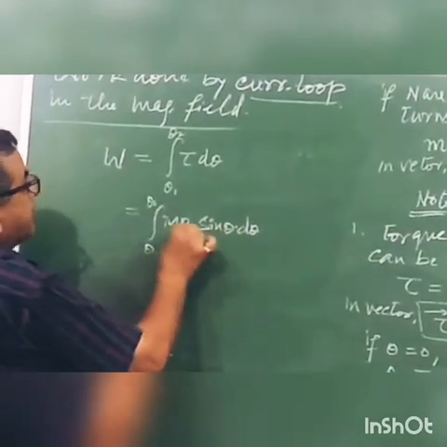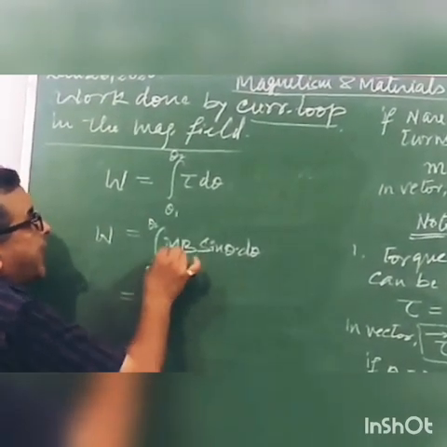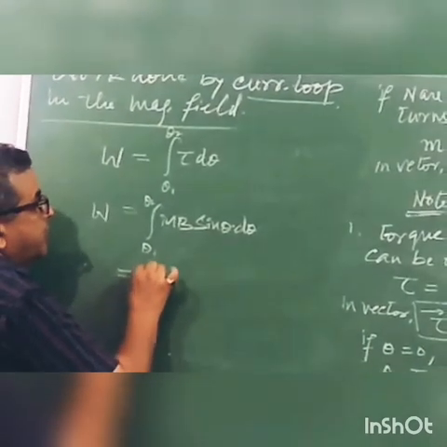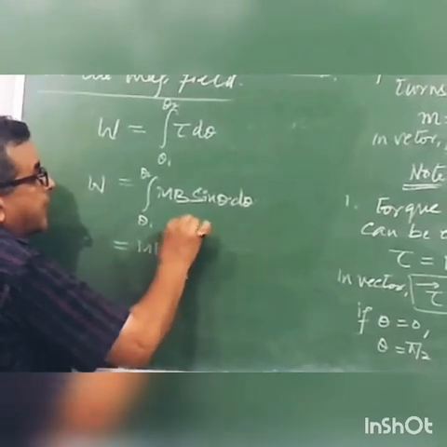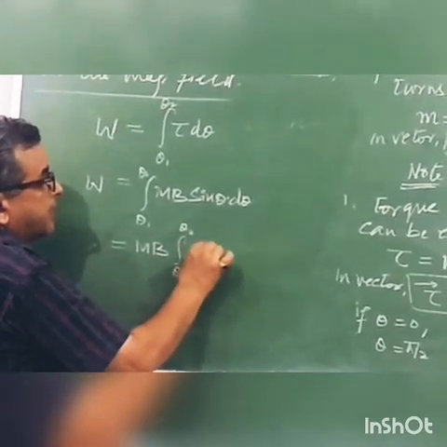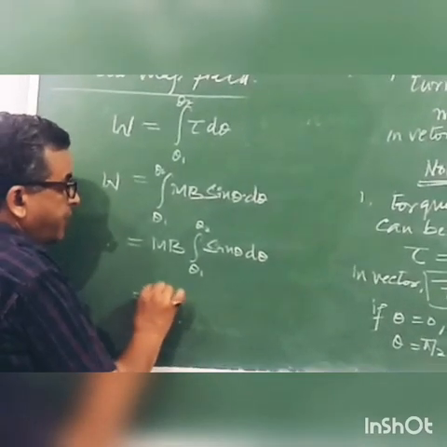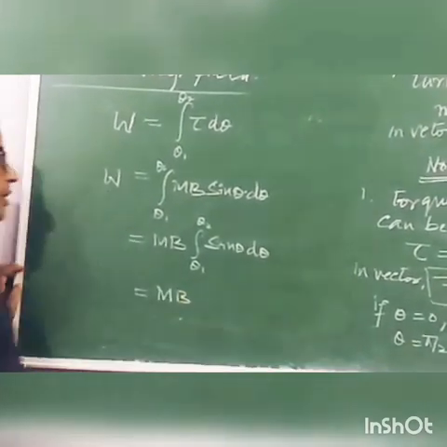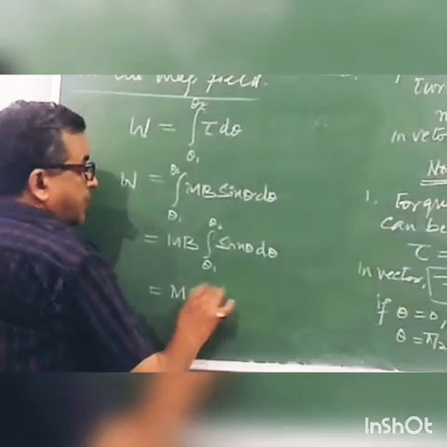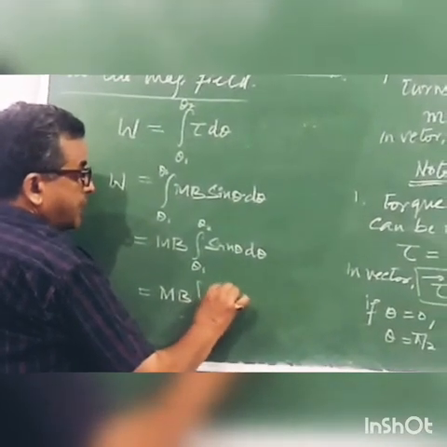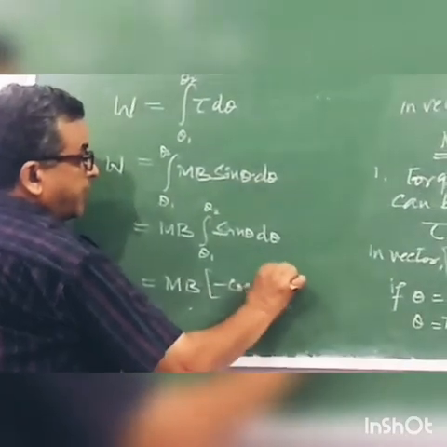All the constants will be taken out, and this is sin theta d theta. The integration of sin theta is minus cos theta, so this is minus cos theta from theta 1 to theta 2.